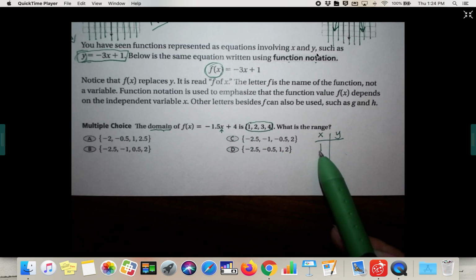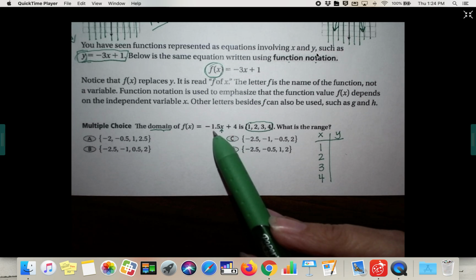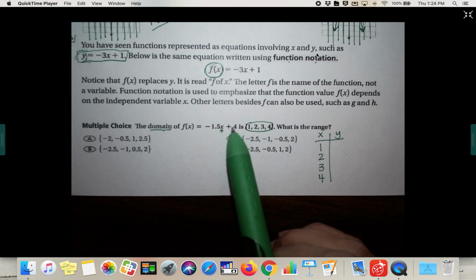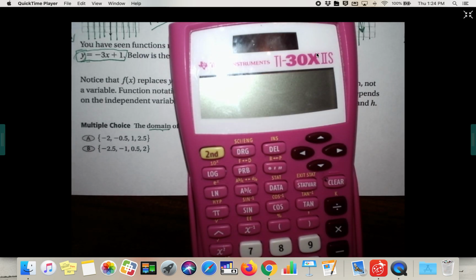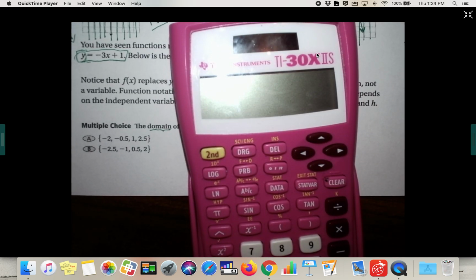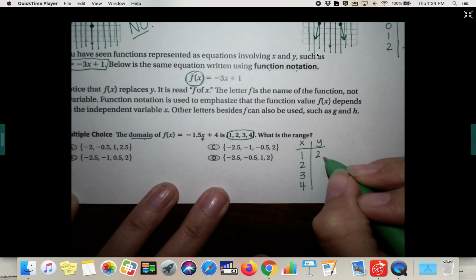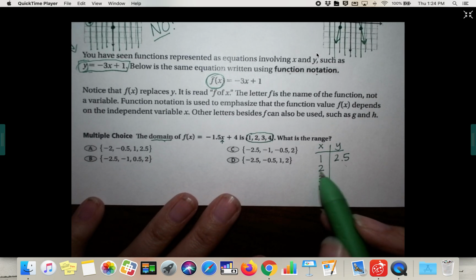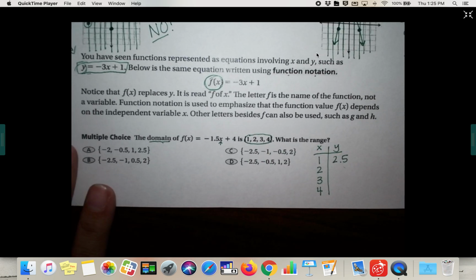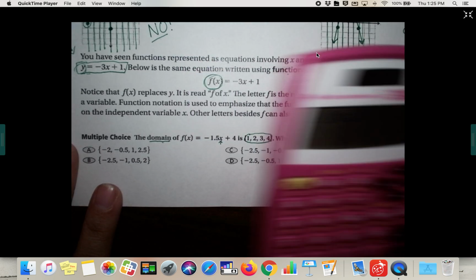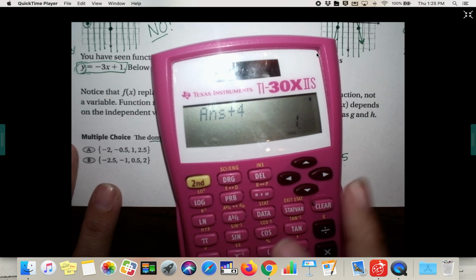So here we go. Let's start in. 1 times negative 1.5 is negative 1.5 plus 4. Negative 1.5 plus 4 is 2.5. All right, let's try 2. 2 times negative 1.5 plus 4 is 1.